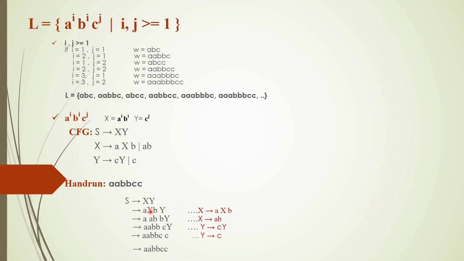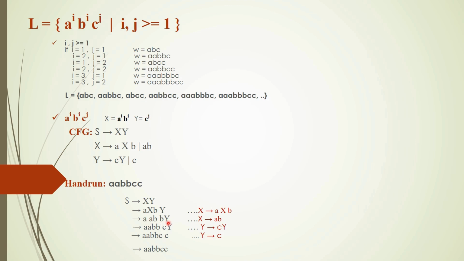If I substitute this X directly with ab, it is not able to generate this string. Another string may be generated, but we have to check for this string, so that's why I am substituting this X as aXb. Then again I need one more a, so that's why I substituted this X as ab directly, because it is able to generate this string.